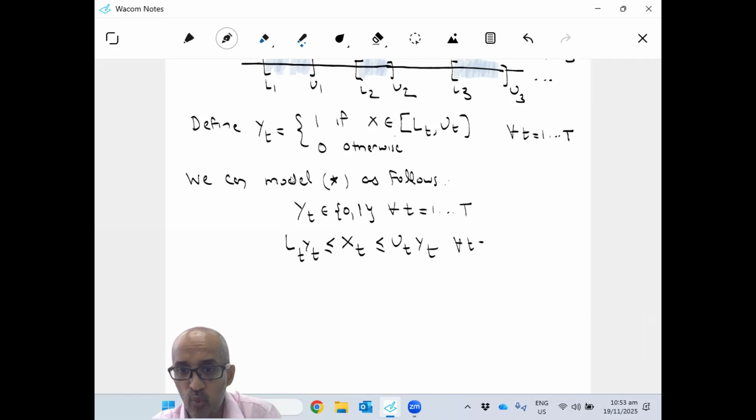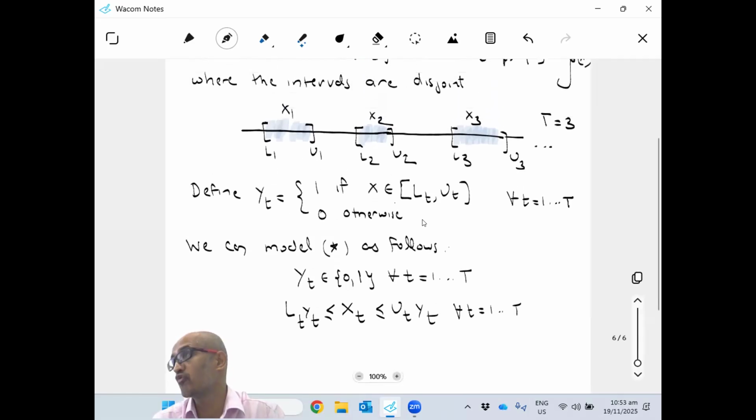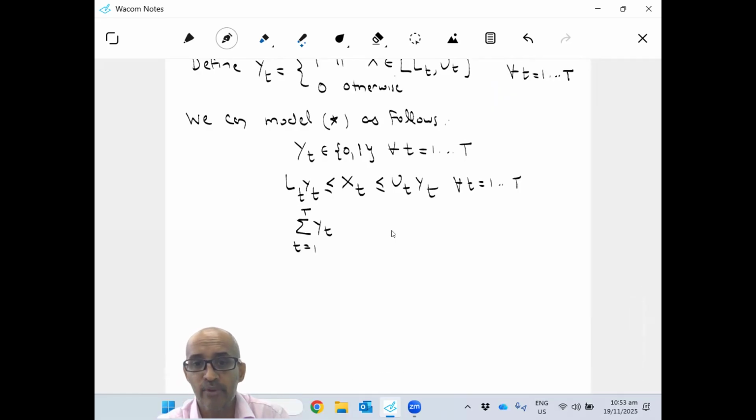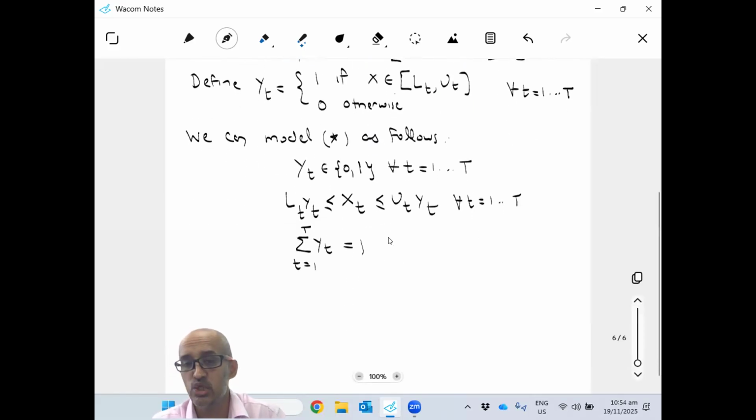I require x to lie in exactly one of these intervals, which means the sum of yt from t going from 1 up to capital T must be 1. This will force exactly one of these y's, y1, y2, and so on, to be 1. Whichever is 1, the corresponding xt will lie between LT and UT.